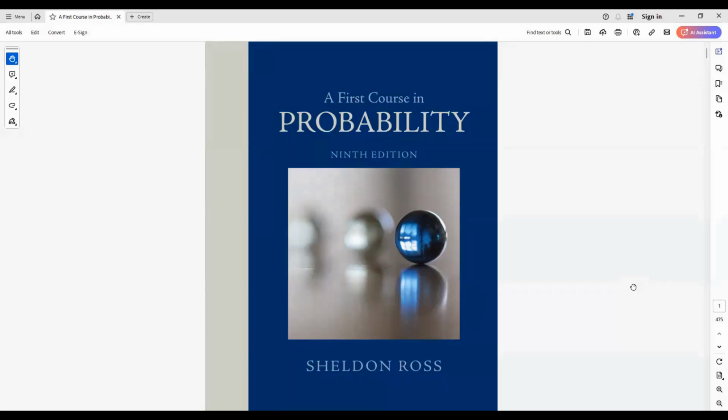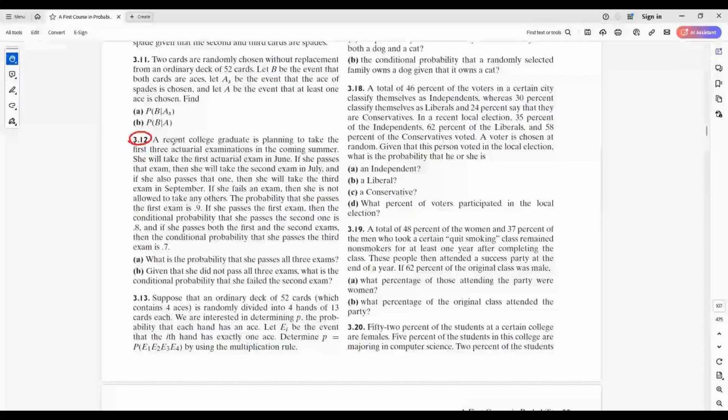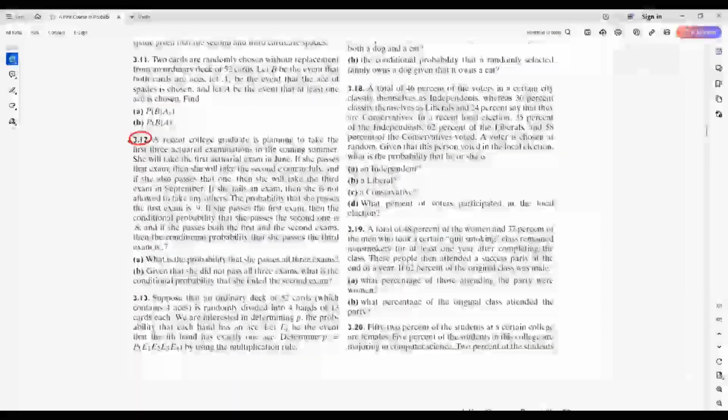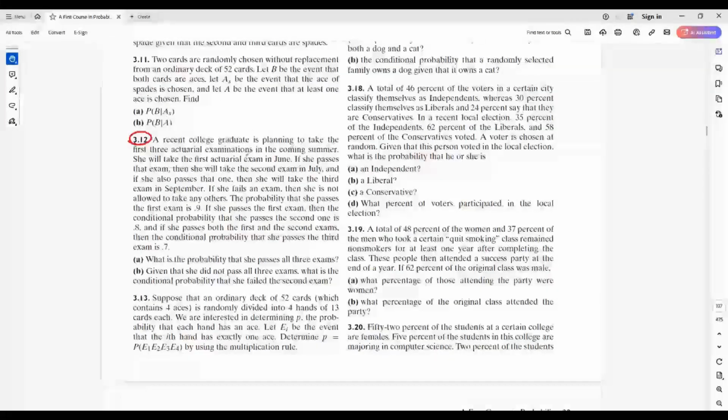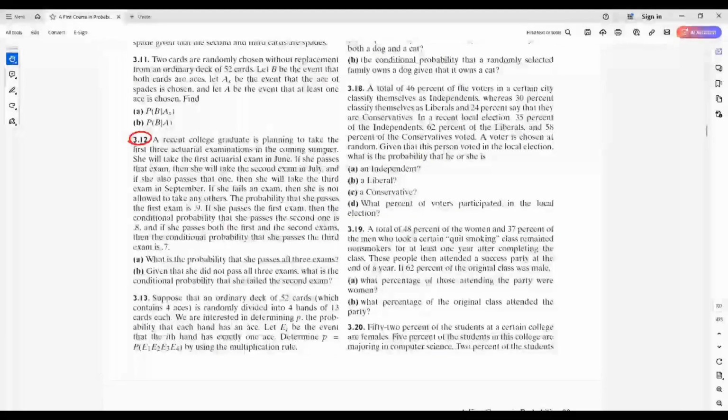Hi, questions in probability. In this textbook, Problem 3.12: a recent college graduate is planning to take the first 3 examinations in the coming summer. She will take the first exam in June.